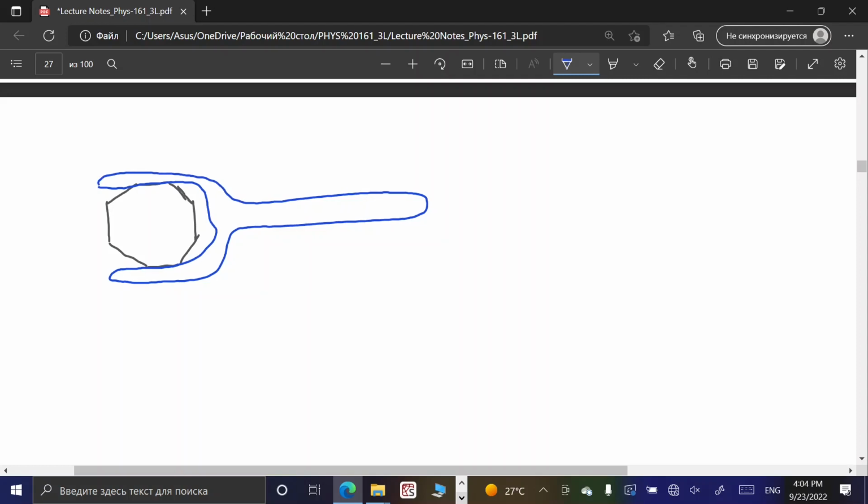Not the most advanced wrench, but imagine that it's a high quality wrench.